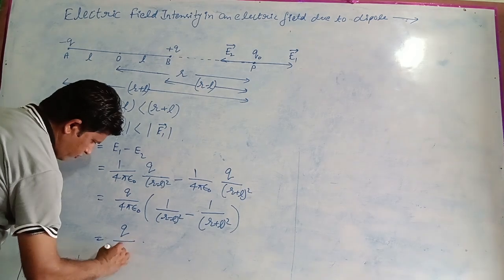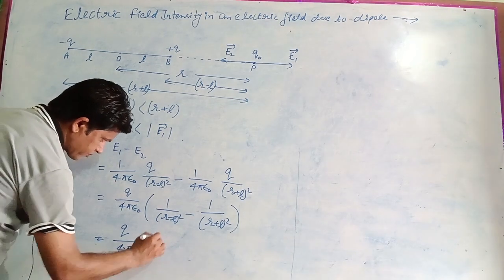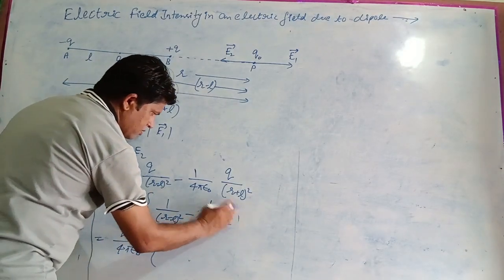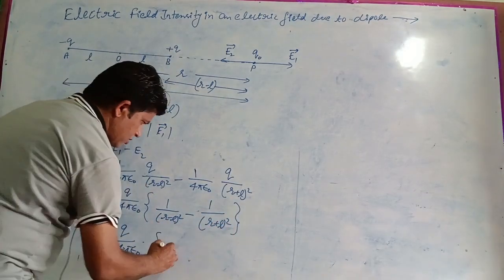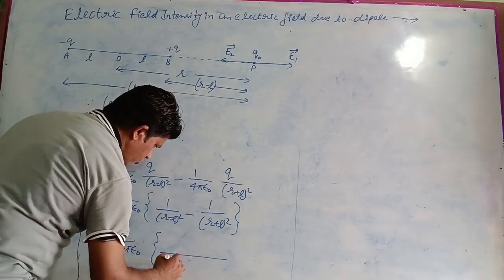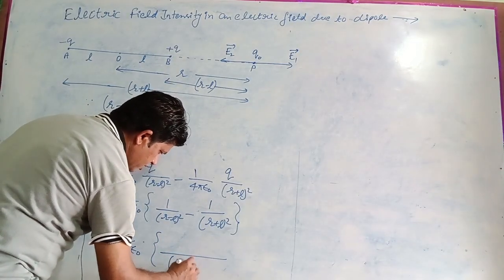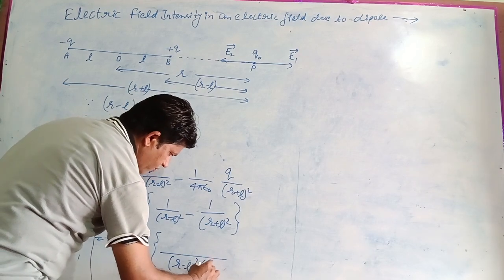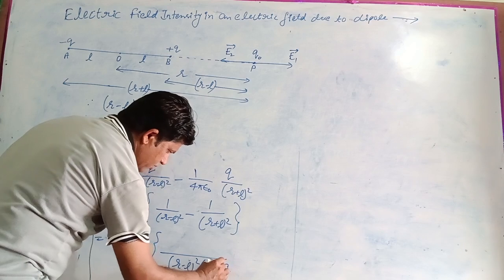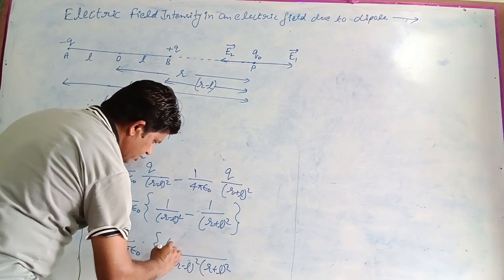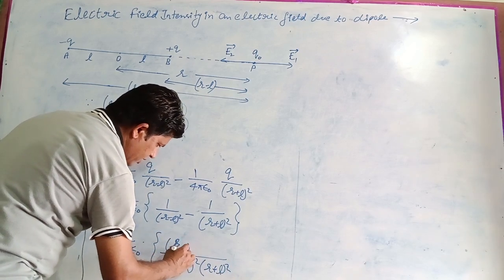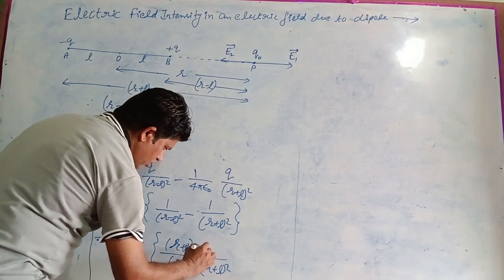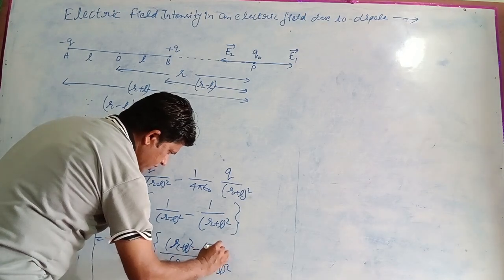So, q upon 4 pi epsilon naught, and the LCM will be the whole square of r minus L and the whole square of r plus L. So here we get the whole square of r plus L minus the whole square of r minus L.